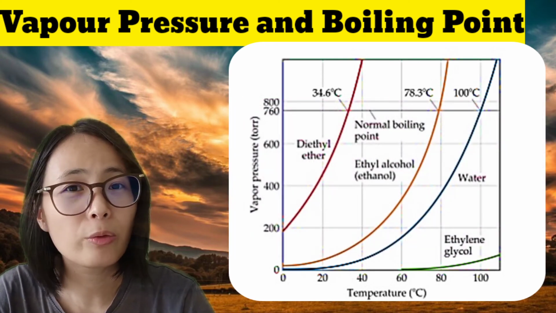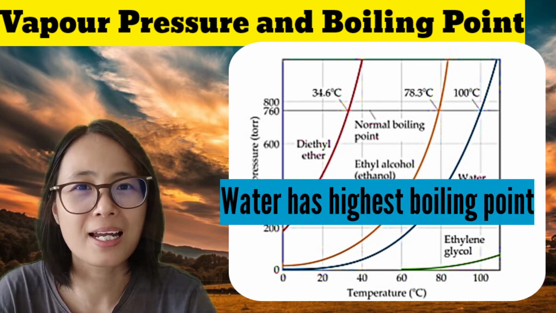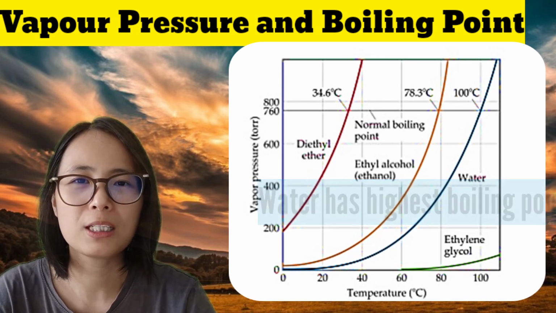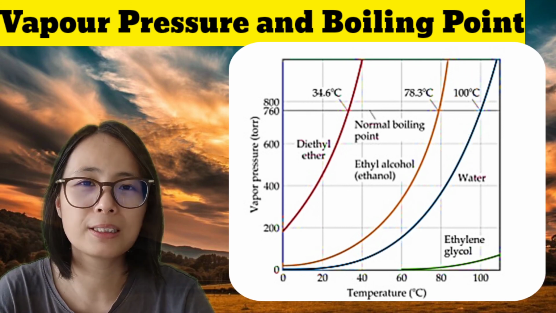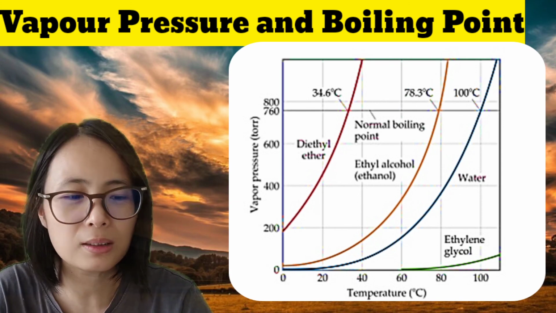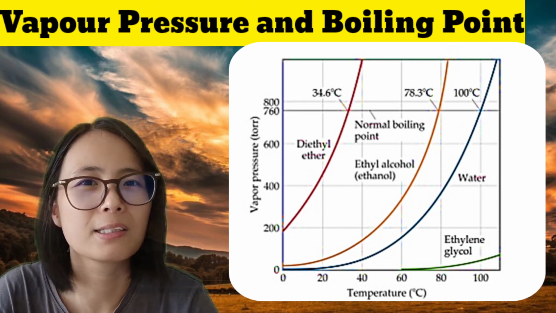Among these three liquids, we expect water to have the highest boiling point, which is equal to 100 degrees Celsius, while ethanol boils at 78.3 degrees Celsius and diethyl ether boils at 34.6 degrees Celsius.